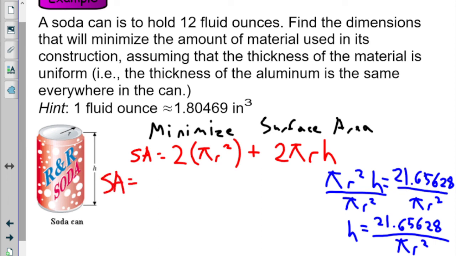So within my surface area formula, I would then go 2 pi r squared plus 2 pi r h, and h in this problem I have solved for in terms of r.